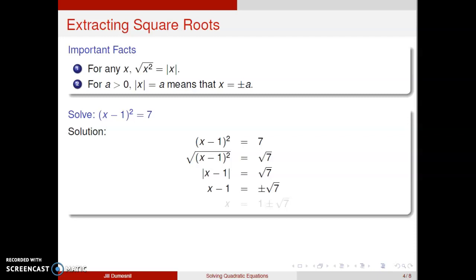This actually gives two equations, but we usually keep them written together. Adding 1 to both sides produces the two solutions x equals 1 plus or minus square root of 7. Note that we could not have found these solutions by factoring.